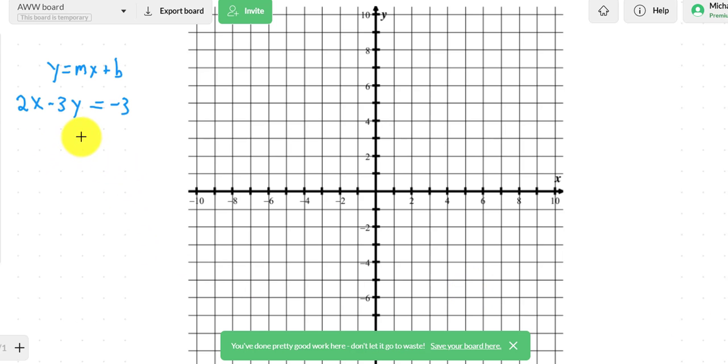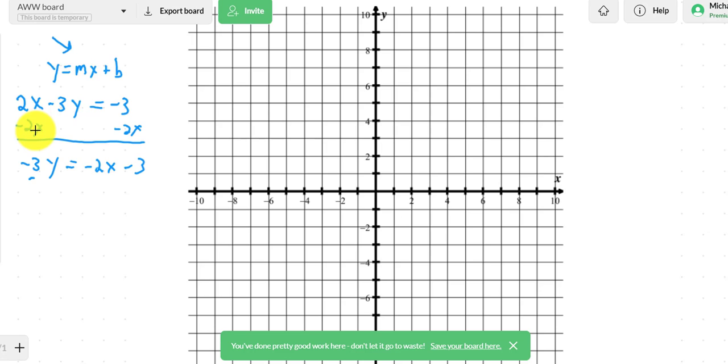Okay, so we're given 2x minus 3y equals negative 3. And again, we're going to try to rewrite this in slope-intercept form, right? Something like this, y equals mx plus b. So I'm going to subtract 2x from both sides, and I'm left with negative 3y equals minus 2x minus 3.